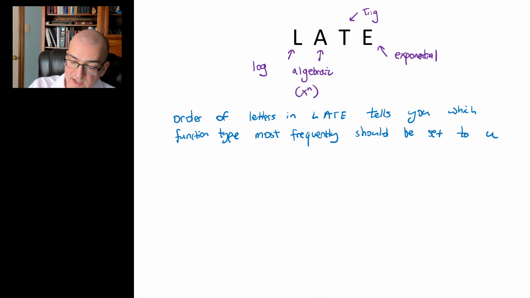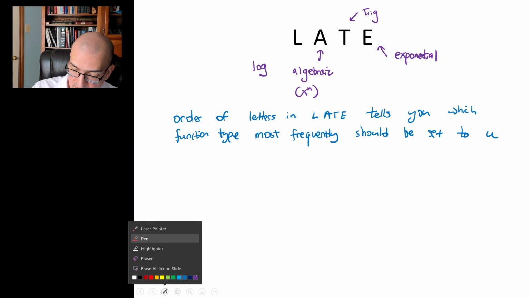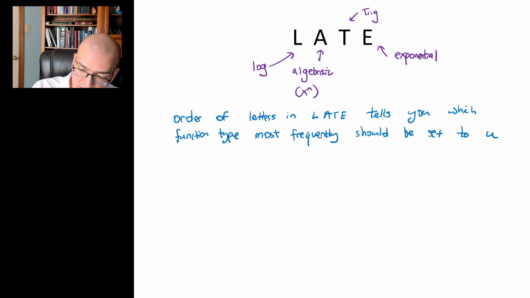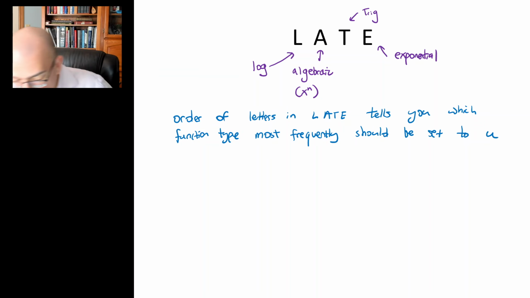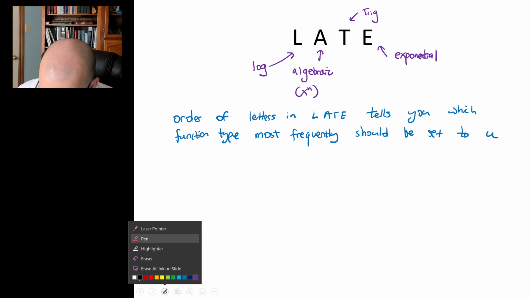So it is a frequency. It is not necessarily 100% accurate. Sometimes this acronym will lead you astray. I'll write down a few expressions just to give you an idea how it works.